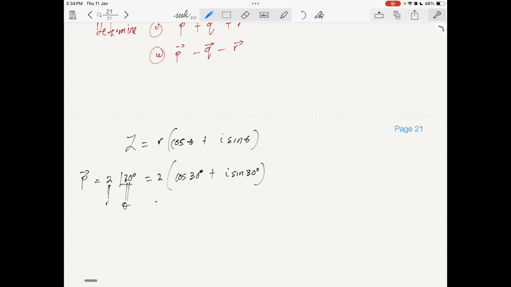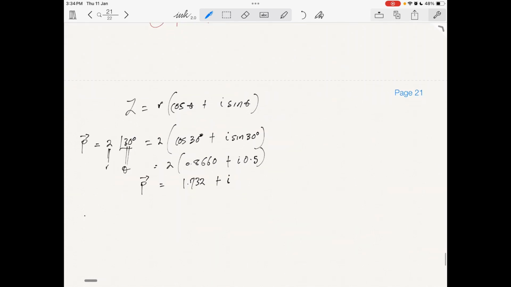So this will give us 2 into 0.8660, cos 30 degrees is that, and plus i 0.5, sine 30 is 0.5. So this will give us 1.732 plus i. Now this is P.